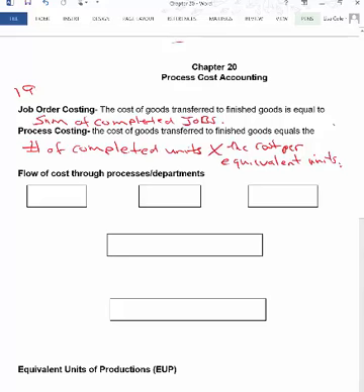When we're looking at our cost flow as it goes through processes or departments, as we learned in our previous chapters, we have direct material, direct labor, and factory overhead. The indirect materials flow to factory overhead. The indirect labor costs will also go to factory overhead.